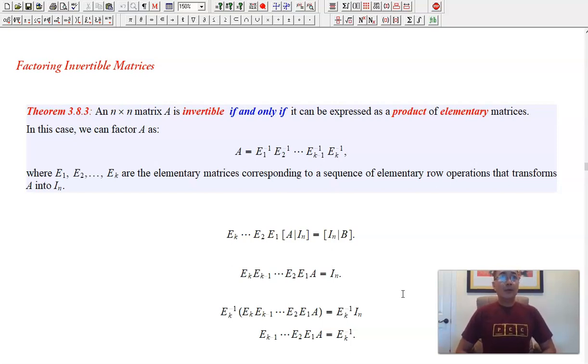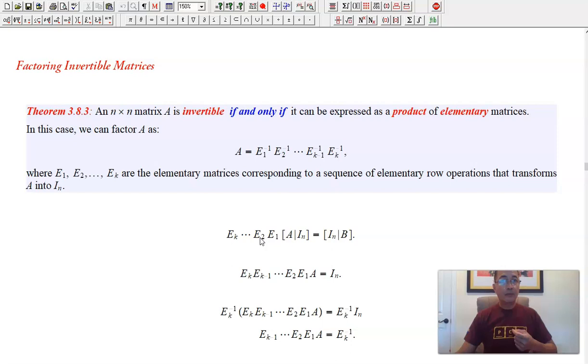So we will, of course, use the idea of the proof behind that theorem from the last video. So what did we do? We have A augmented by the identity, and then we perform an elementary row operation, so that corresponds to an elementary matrix E1. And we said that the effect of a row operation can be achieved by multiplying the matrix that we are operating on with the corresponding elementary matrix, and so on.